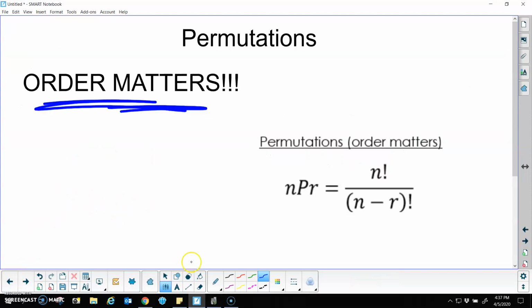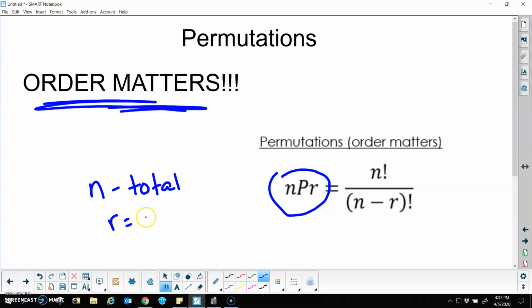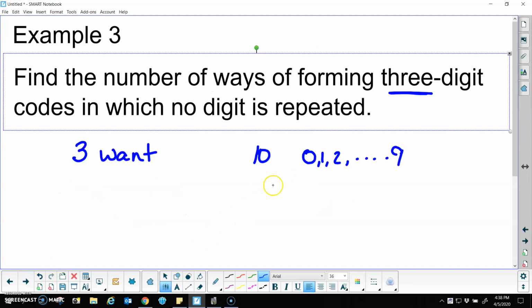If we go back here and look, this is going to be the most important thing: n is going to be the total number of options. r is what we're looking for. If you want the easier way to remember, n is always the big number, r is always the small one.